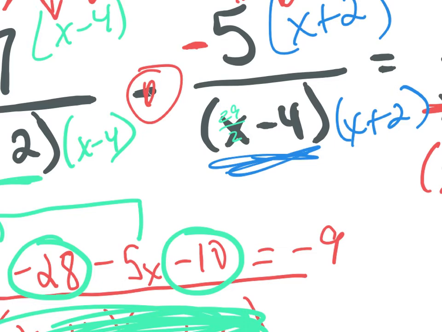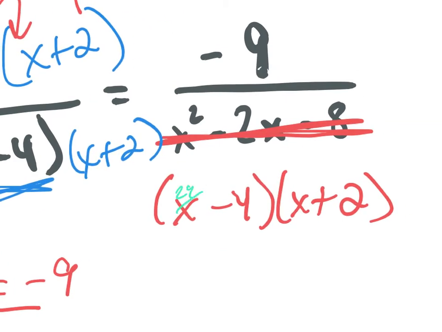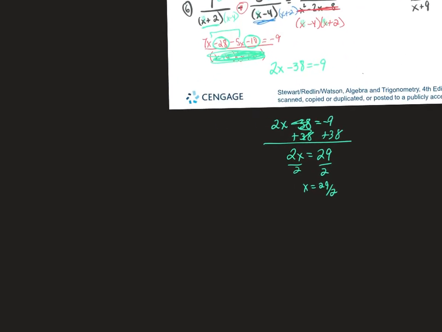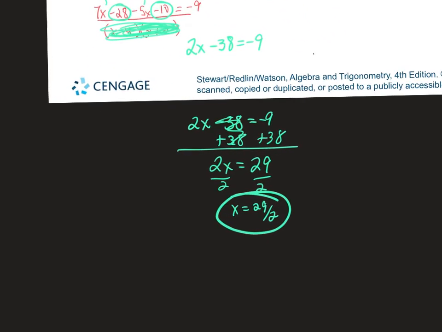No. If I plug 29 over 2 into both of these, and then multiply the answers together, am I going to get 0? No. So then this solution works. You're good to go.